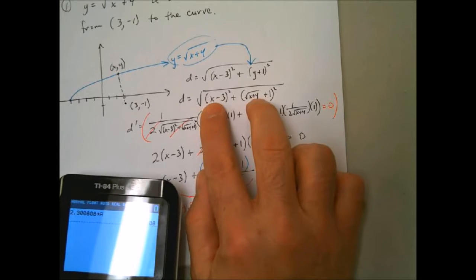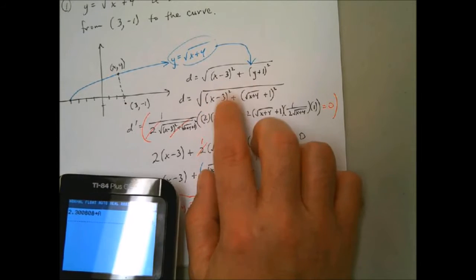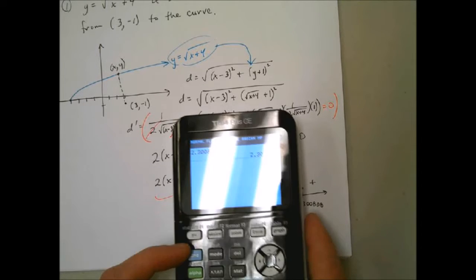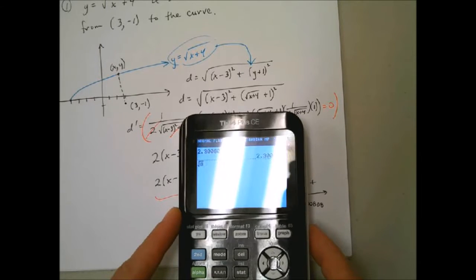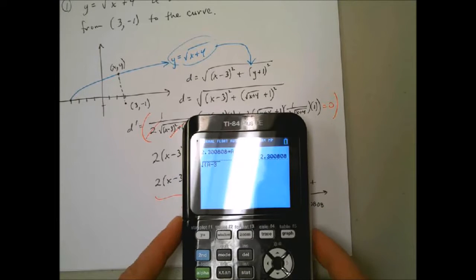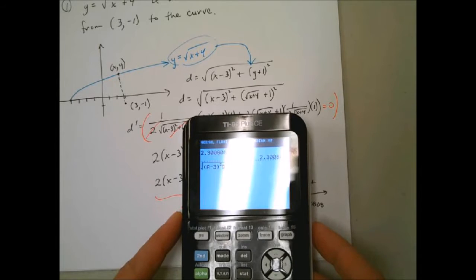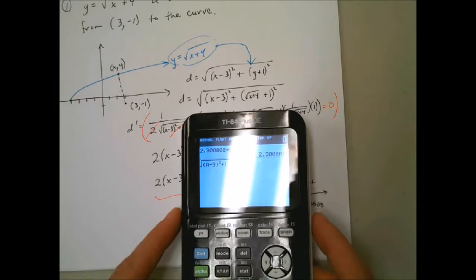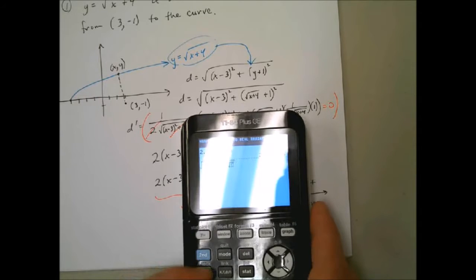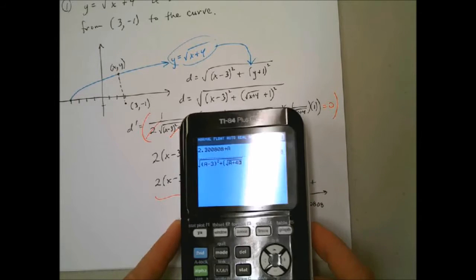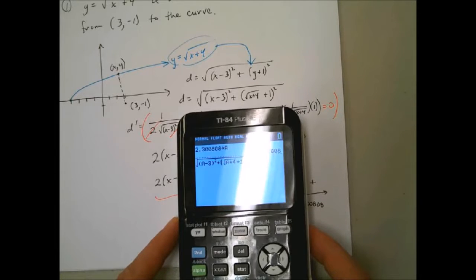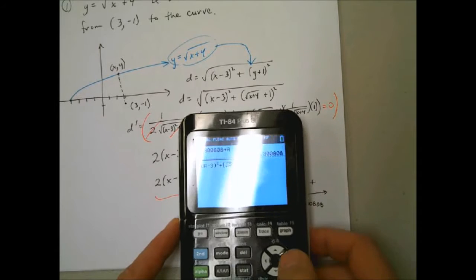Now I could do the stuff on the inside here first and then do the square root, and that's fine, or you could do it all at once. So I'm just going to do it all at once. Square root, open parenthesis, alpha A minus 3 squared plus, open parenthesis, square root, alpha A plus 4, get out of the square root, plus 1, close the parenthesis, squared.